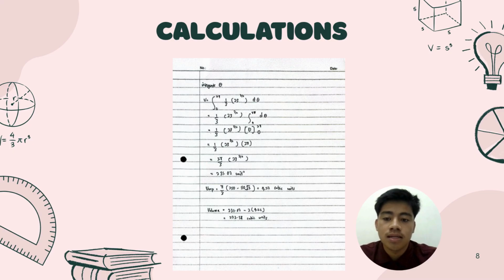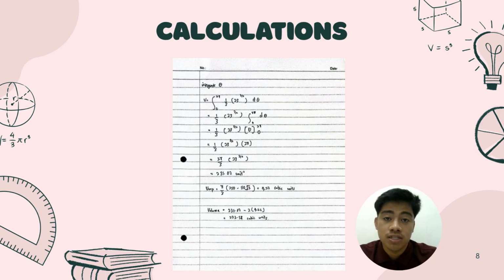Since 1 over 3 times 23 to the power of 3 over 2 is completely constant with respect to theta, we can pull it right out of the integral. This leaves us with a very straightforward integration.